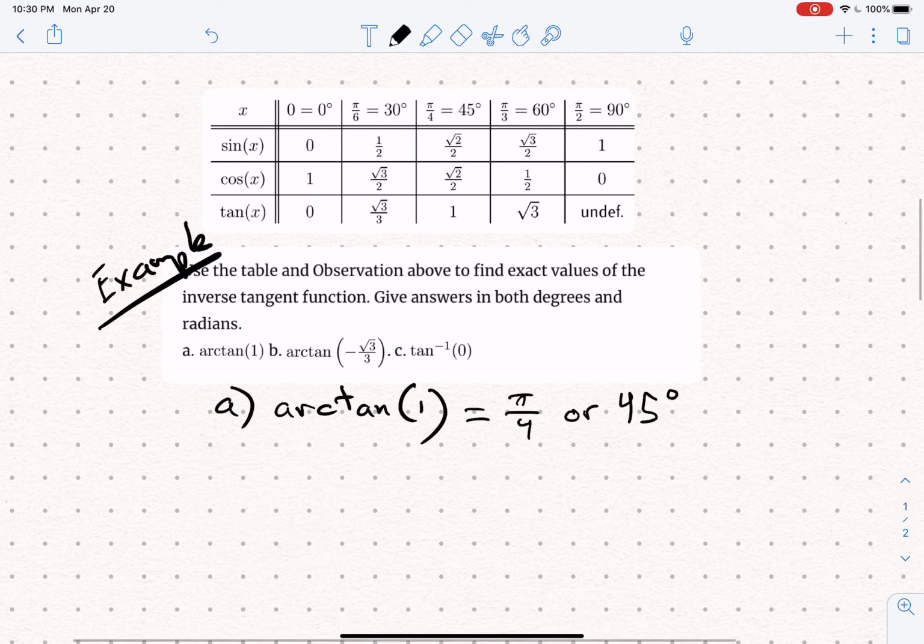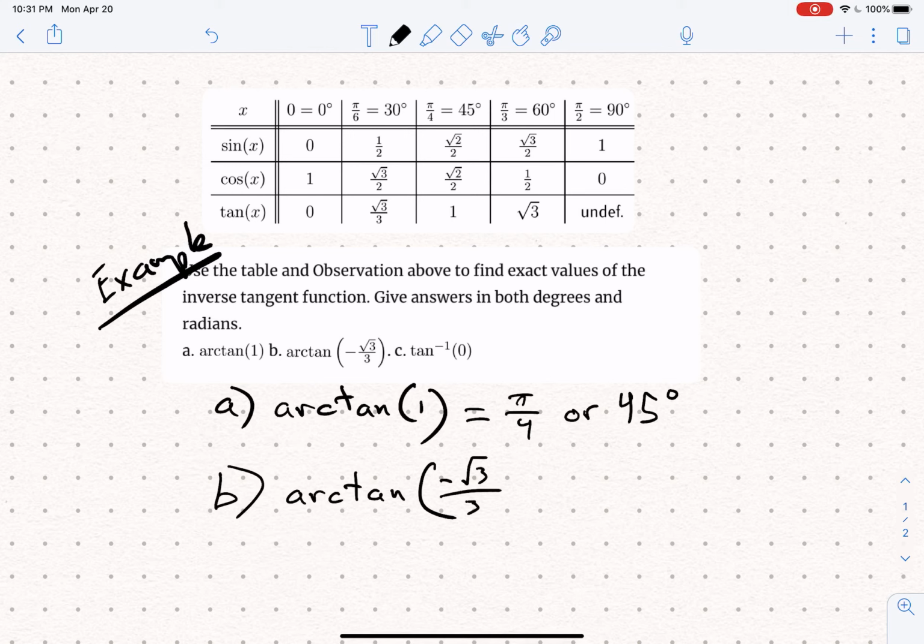Okay, let's take a look at B. For this one, the arctangent of minus radical 3 over 3. Of course, in our table, we don't have minus radical 3 over 3 here, because it doesn't come from an angle in the first quadrant.